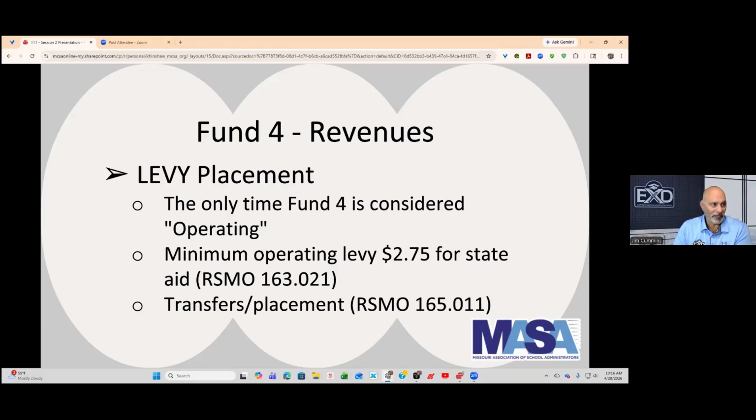If you have a $4 levy, then you would have some leeway to place some of that levy into Fund 4. The other way to get it in there is either by placement of revenue sources that allow for placement to Fund 4 or by making transfers.